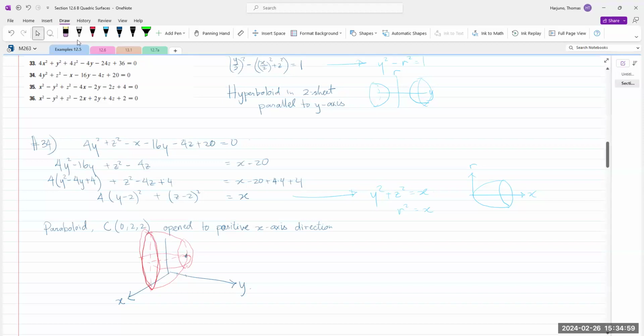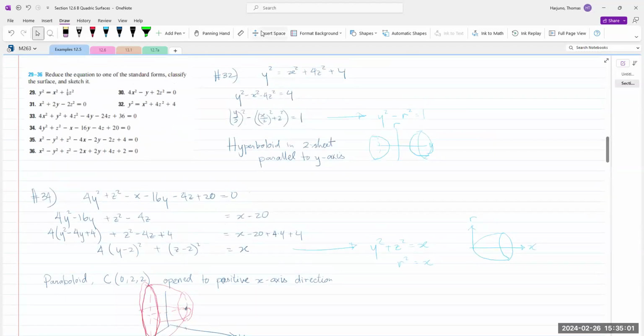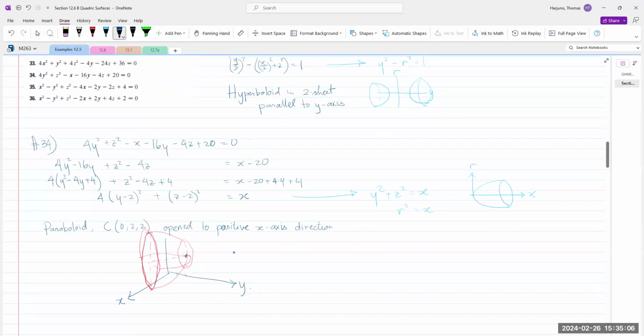Number 36, let's do one more. Number 36, we have x squared minus y squared plus z squared minus 2x plus 2y plus 4z plus 2 equals 0.